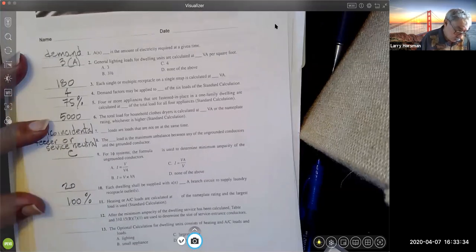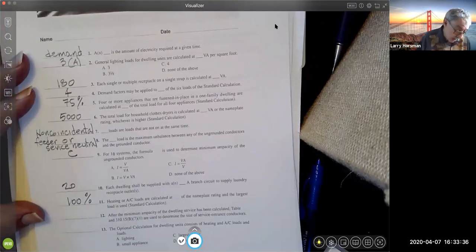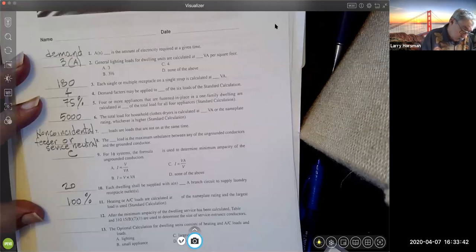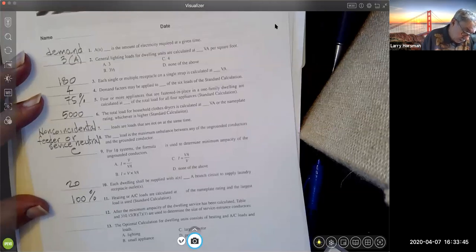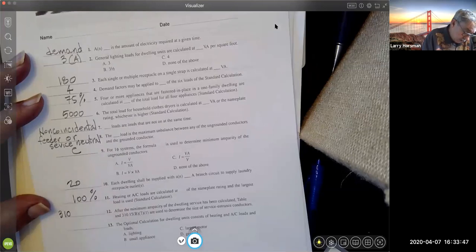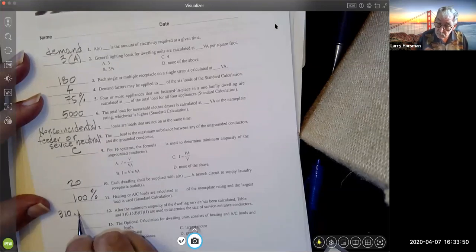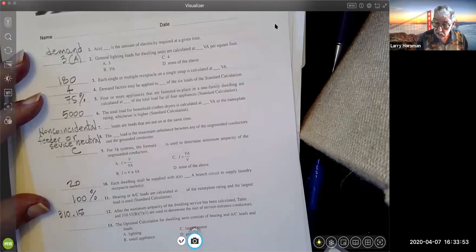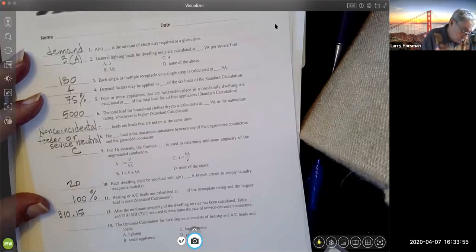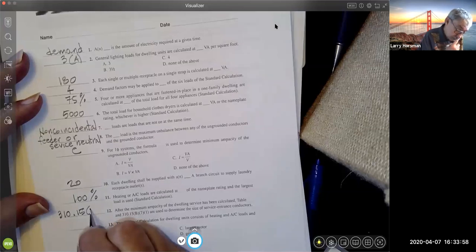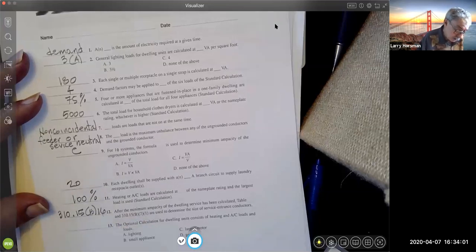12. After the minimum ampacity of the dwelling service has been calculated, table 310.15(B)(16) and table 310.15(B)(7)(1) are used to determine the size of service entrance conductors. 13.